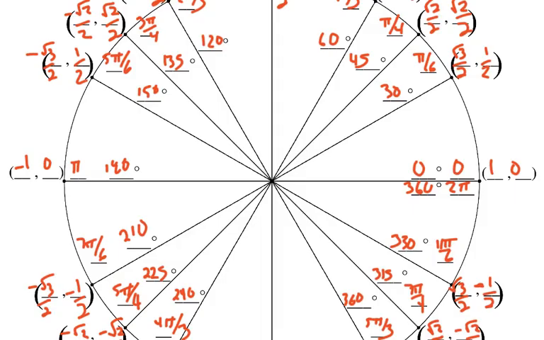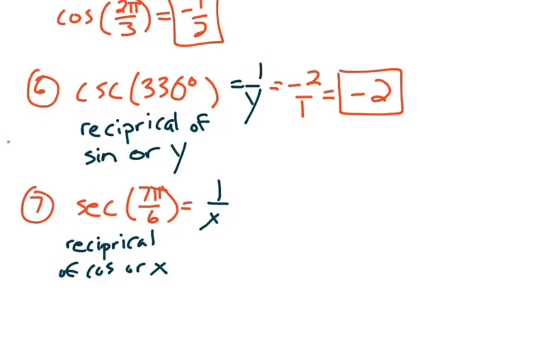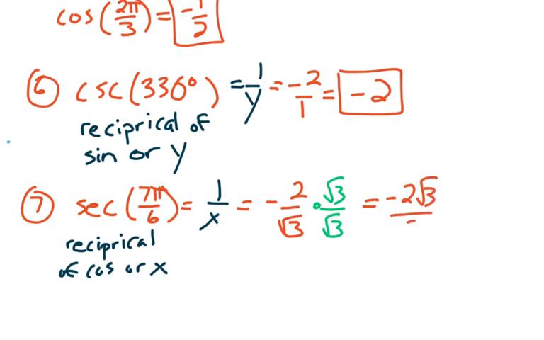So I go to 7 pi over 6. I find the x value, so that's negative square root of 3 over 2. And then I flip it. So this will give me negative 2 over the square root of 3. I have to rationalize, so I multiply by the square root of 3 over the square root of 3, which will give me negative 2 square roots of 3 over 3.